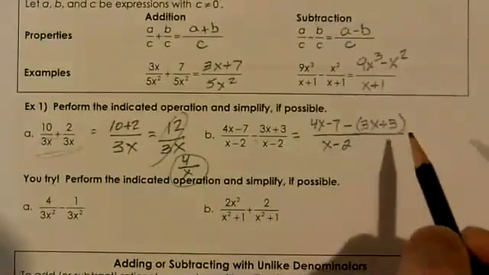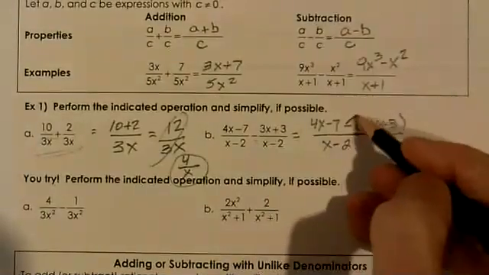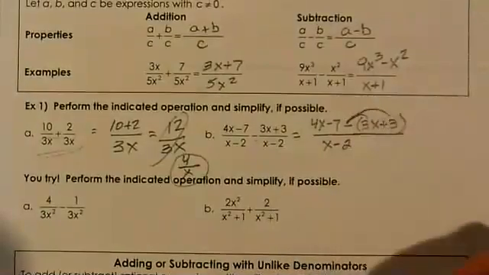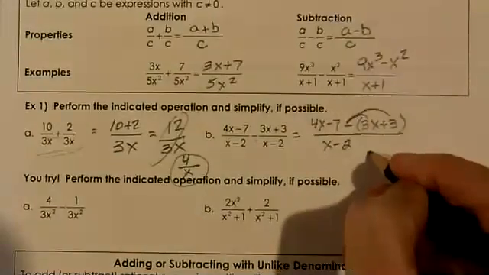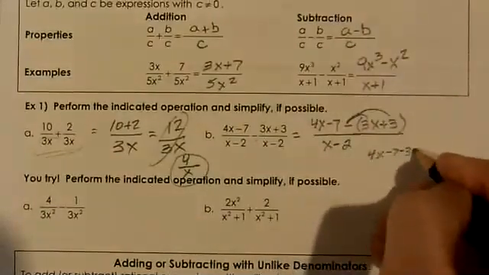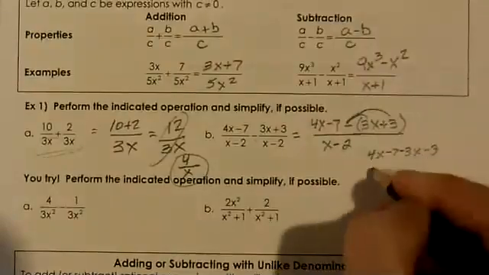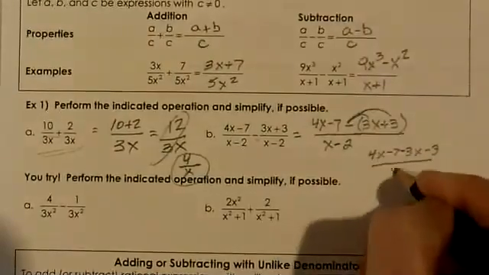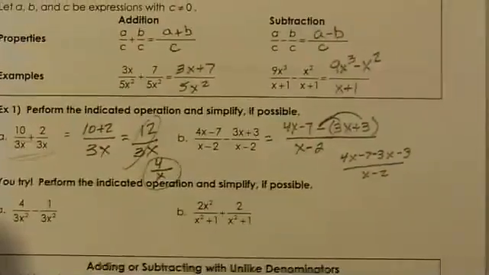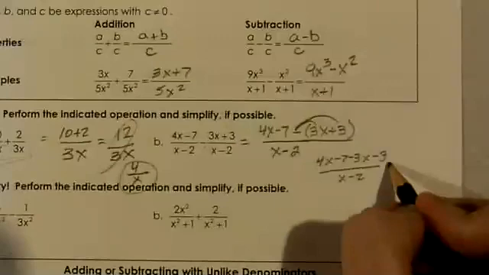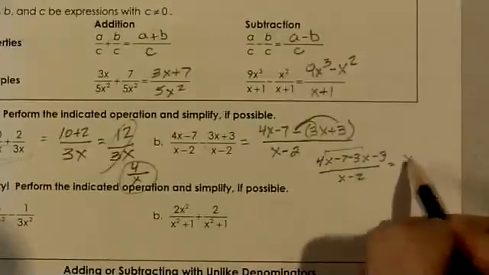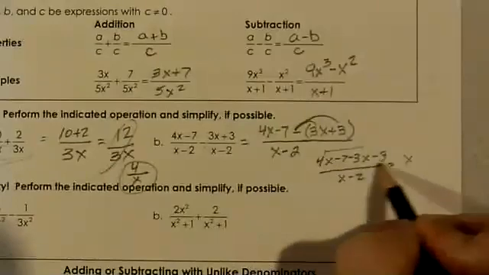So you have to use parentheses because you have to subtract the 3x and you also have to subtract the 3. So that's going to turn into 1x and negative 10.